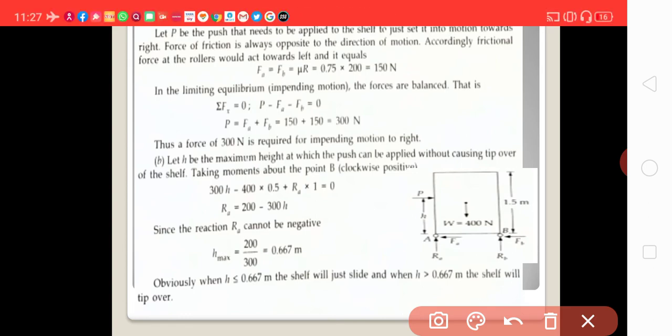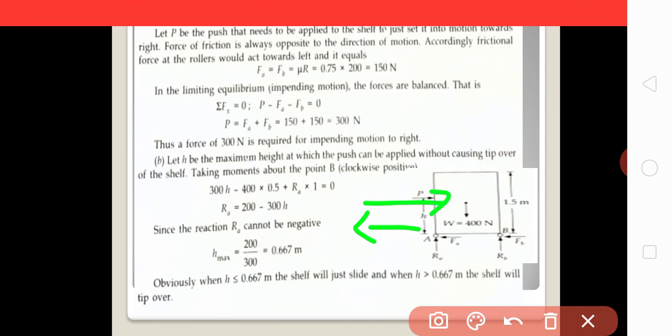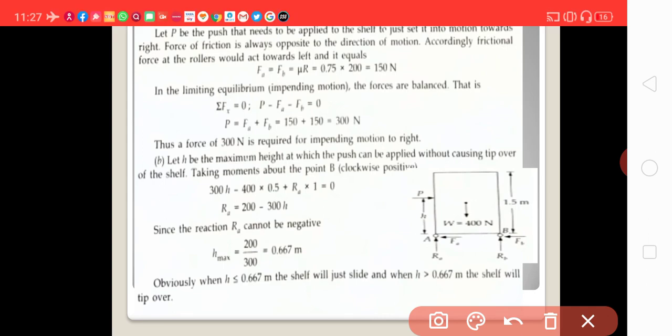Accordingly, the frictional force over the roller would be acting towards left. The direction of frictional force will be like this, when we apply a push here. This is the push we have applied. F A equal to F B is equal to mu R, 0.75 into 200, that is 150 Newton, that is the maximum frictional force.